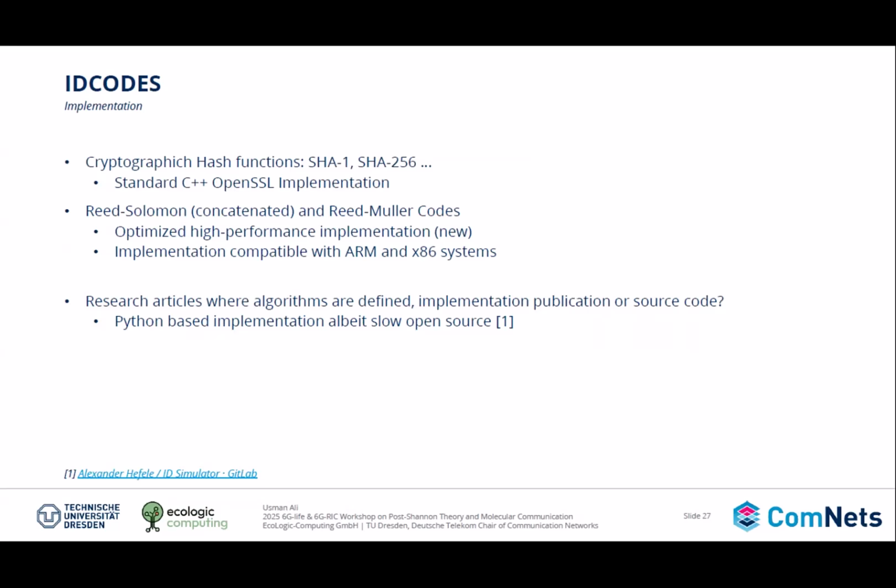For Reed-Solomon and so on, we optimized these codes for high performance throughput, and we demonstrated the best results that we were able to achieve on different platforms as well. And for the research articles, where you might find the definition of the algorithm and so on, you can look at this repository, which is open source and publicly available.